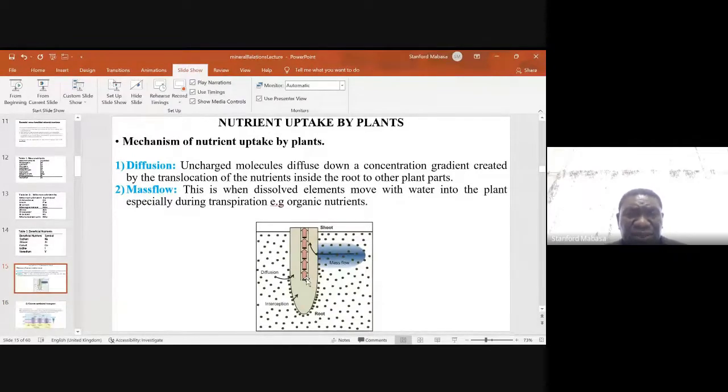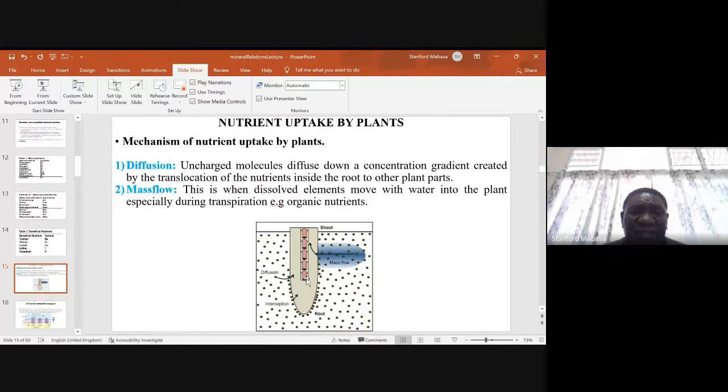Now, I just want to highlight some of the mechanisms which are used by plants to get these nutrients from the soil. The plants could use diffusion, which I think by now you know what it means.